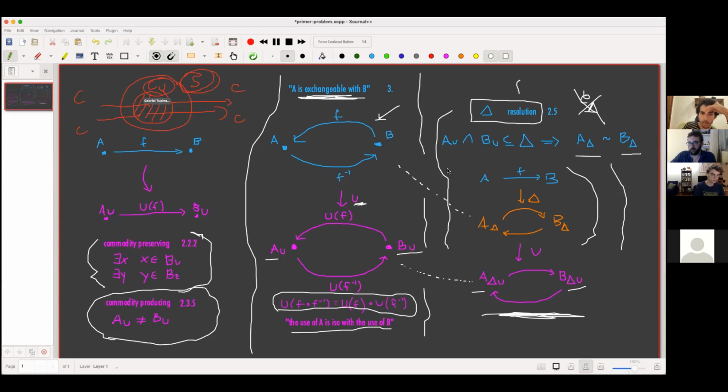We could do the inverse, right? We could start with more robust definitions of what it means to have maps from commodities to commodities, and just call these objects commodities.